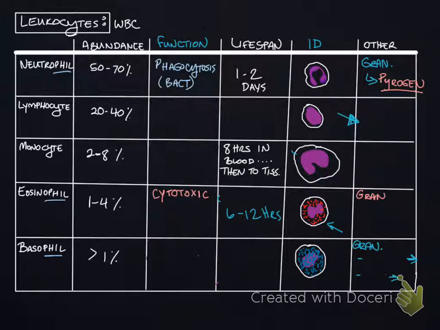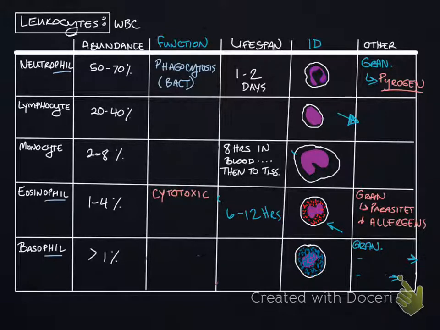They have granules that are released in response to parasites and allergens. So even though we don't normally have a lot of eosinophils found in our blood, you may see a rise in these when there's a parasitic infection, or there's the presence of an allergen.